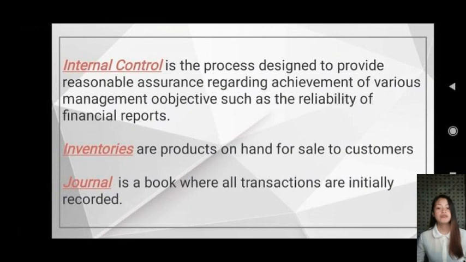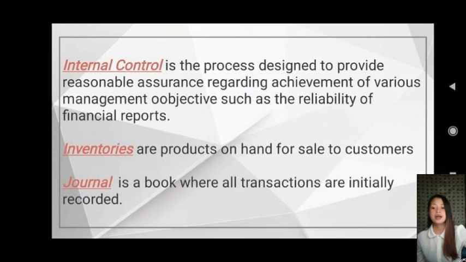Inventories. Inventories are products on hand for sale to customers. Inventories are all the goods, items, and materials purchased or manufactured by a business for selling. So next is journal.